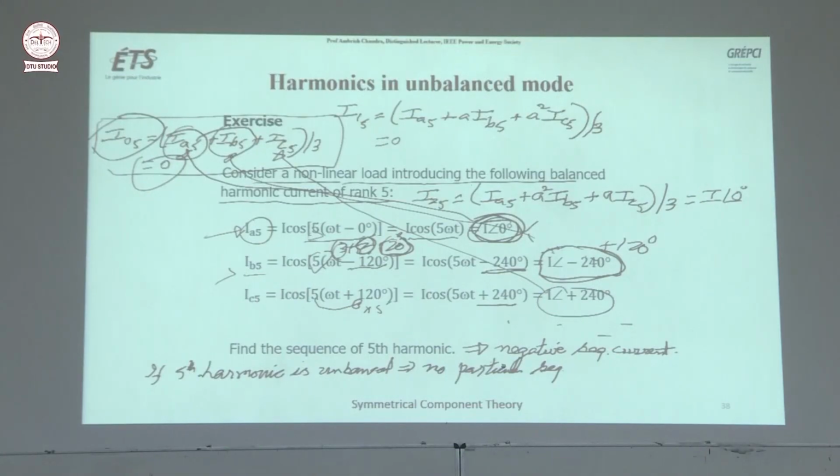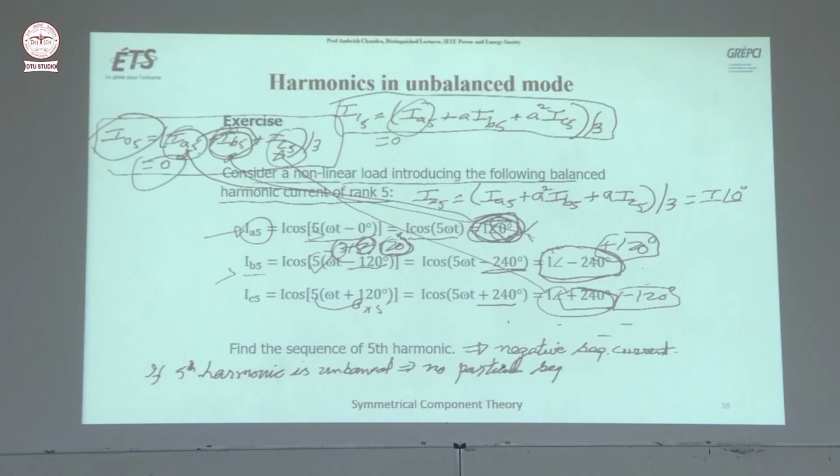Minus 240 or plus 120 is the same, right? And plus 240 will be minus 120, right? If you see the full cycle, 360 degrees, this will be minus 120. So basically IA5 with 0 degrees, IB5 with plus 120 and IC5 with minus 120. So the sum will be 0, right? Because they are balanced.